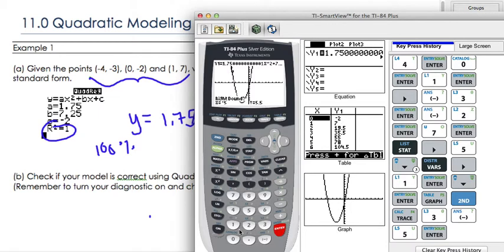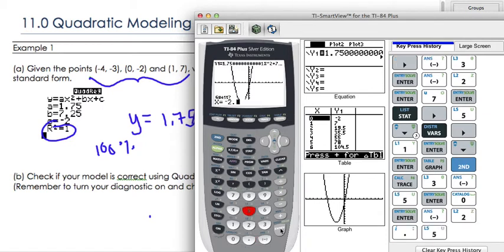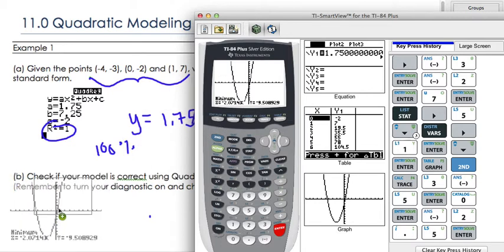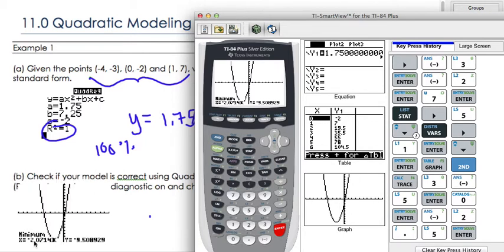Enter. Right bound, I'm going to say 0. And I'm going to guess it to be -2.5. And it tells us our vertex is right here. There's our vertex here, minimum value, -2.07. If we round to 3 significant figures, -9.51.